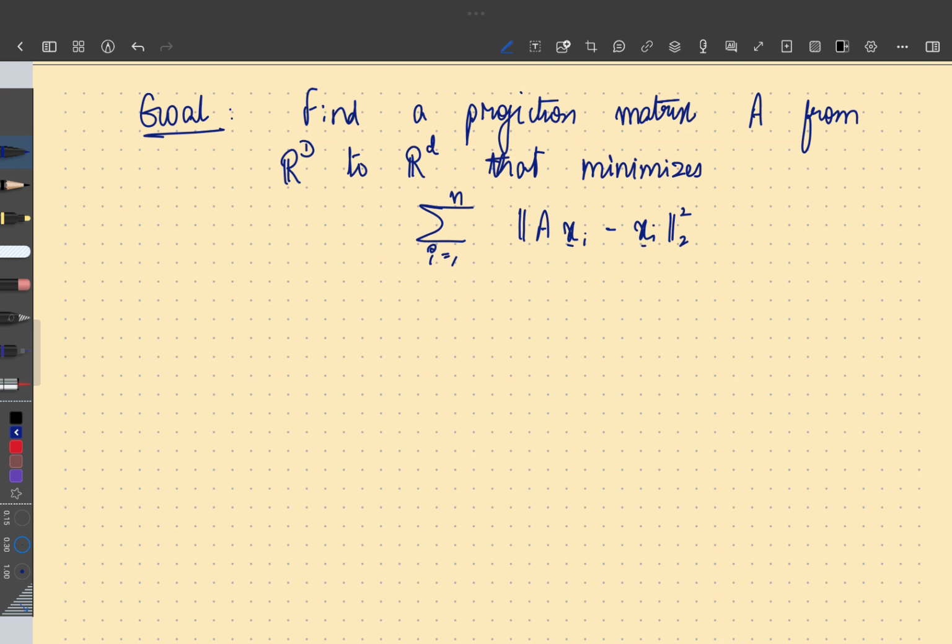So firstly, what does a projection matrix look like?